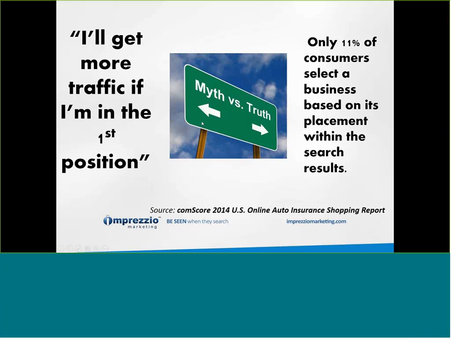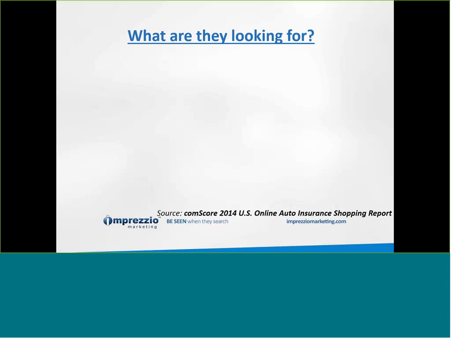One of the #1 things in speaking with agents is they all want to be #1, and definitely you need to be there to be considered. But consumers are actually using a different level of metrics and decision-making when they're looking at businesses. Here are the top 3 reasons ComScore found that consumers look for.